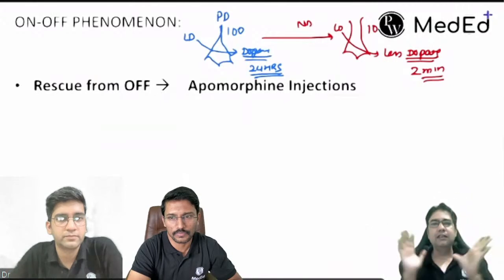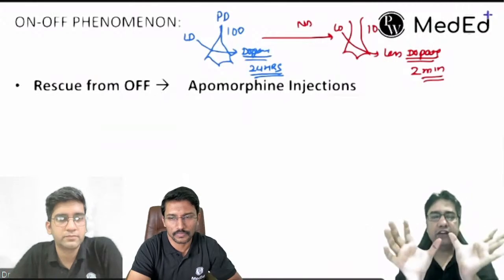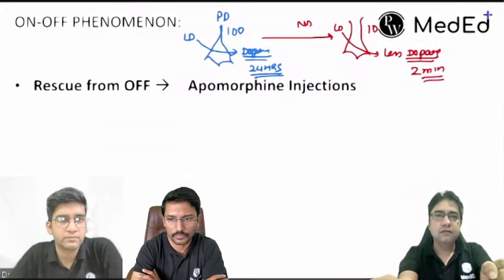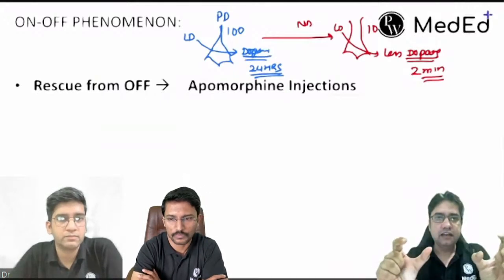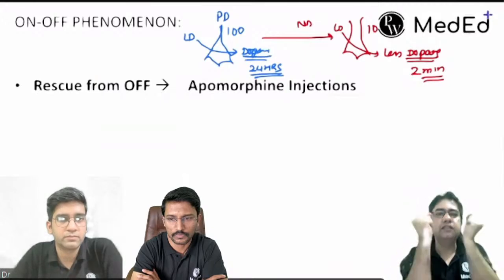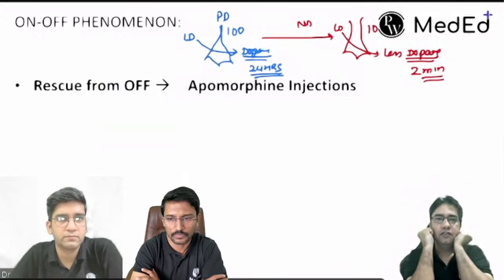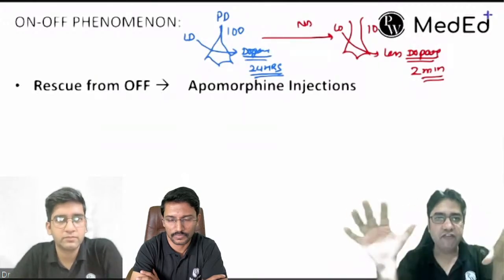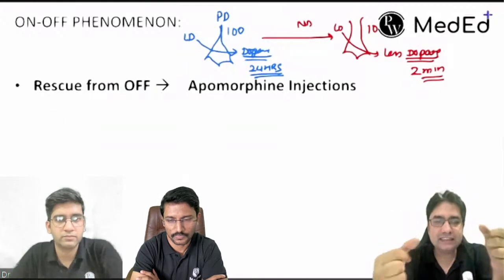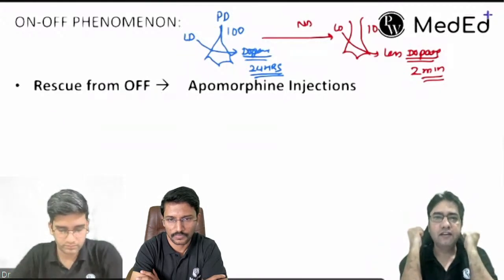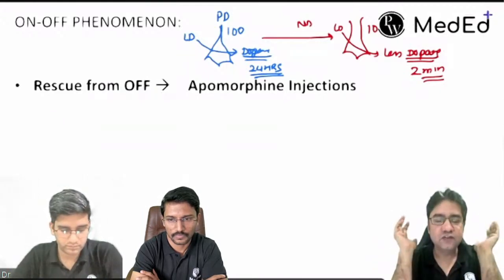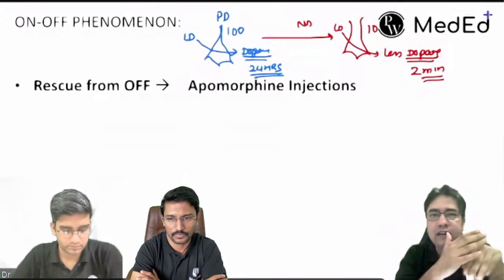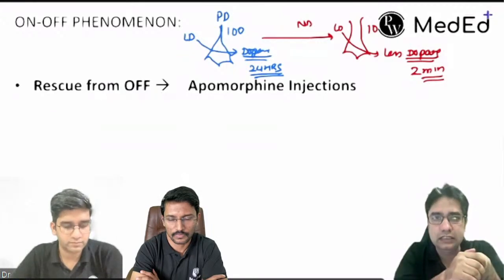So just imagine this last stage. When you have given levodopa, a rigid person will become normal. Agreed? On phase. And after some time, the person will again become rigid. So can we say it is just like a switch? On means the person became fine, started moving, and suddenly the person becomes off, back to the rigid stage. So this is known as the on-off phenomenon, which is seen with levodopa in late stages of Parkinson's disease.